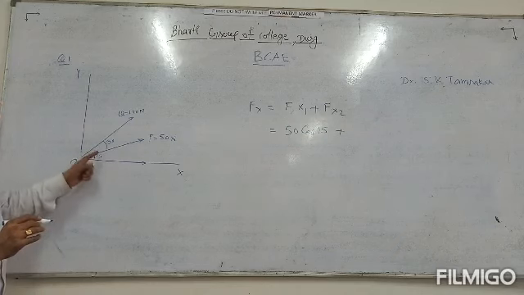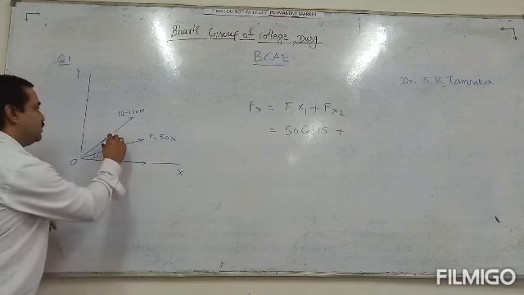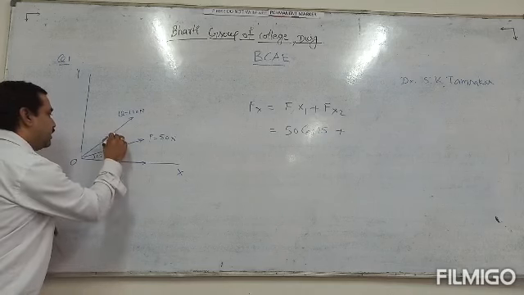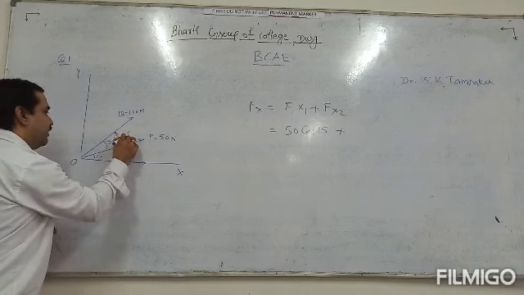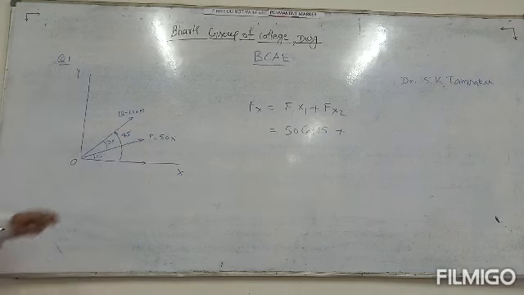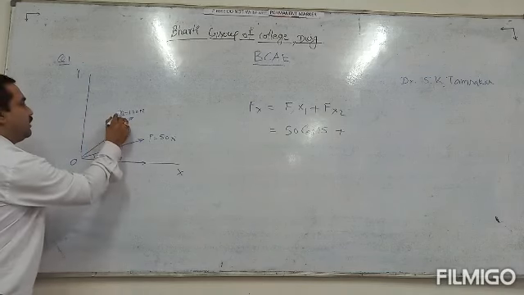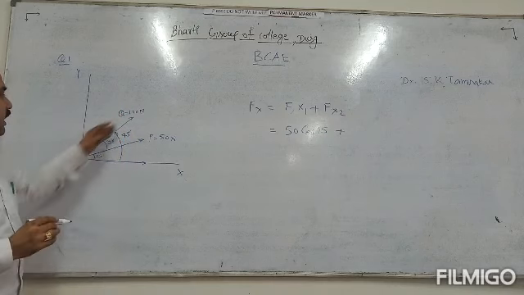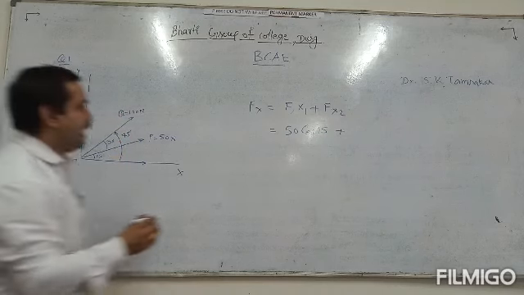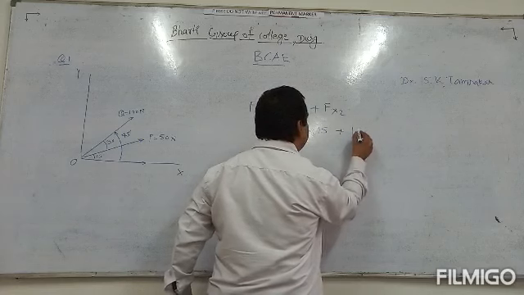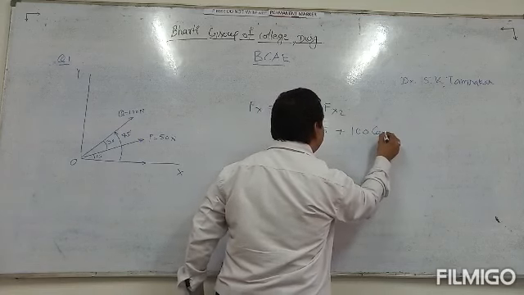This angle is 30, this angle is 15. So here this angle is 45 degree. So for this we have to find out this component as 100 cos 45.